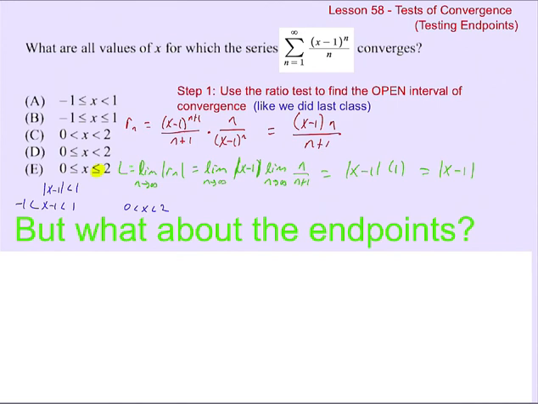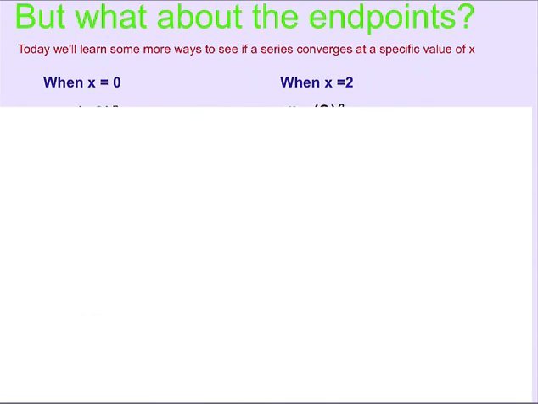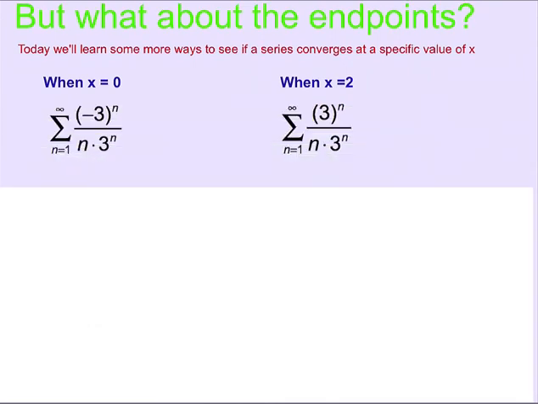So that's what we're going to figure out right now. In order to do that, we need to look at the series itself at those specific values. So we're going to plug in x equals 0 and plug in x equals 2.